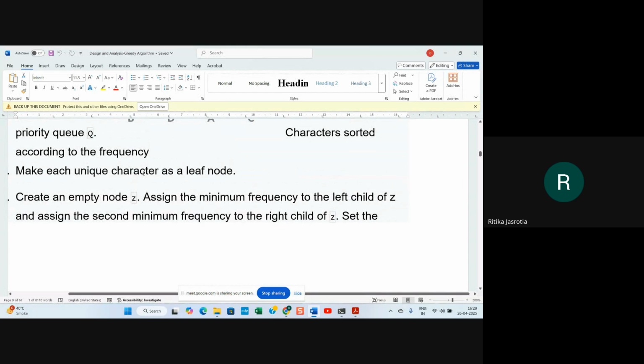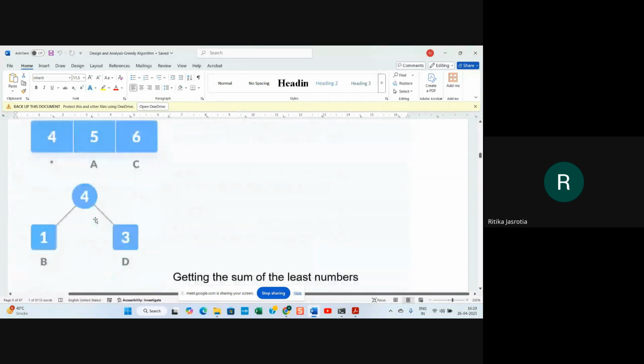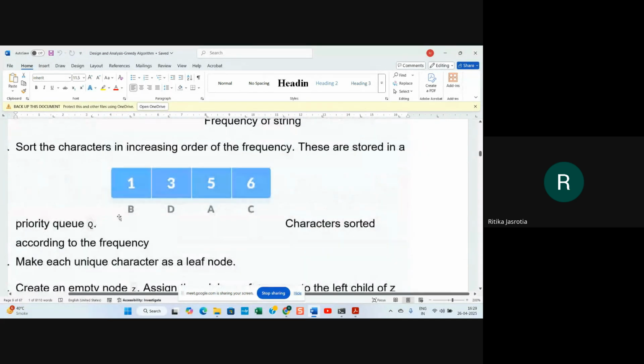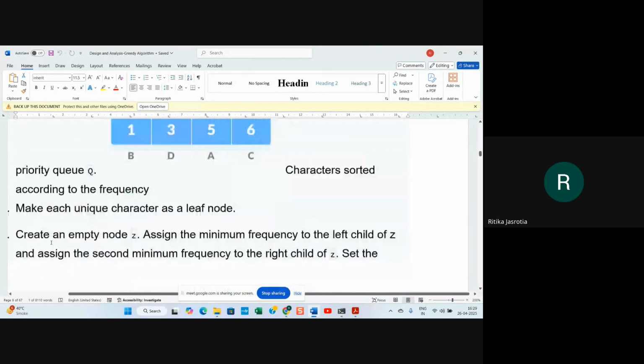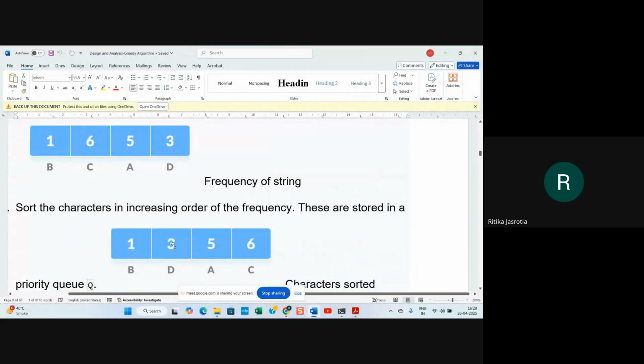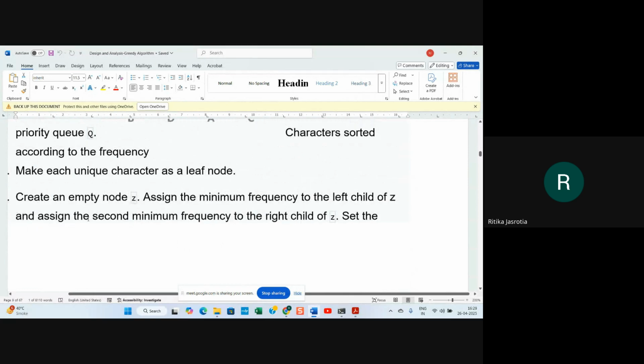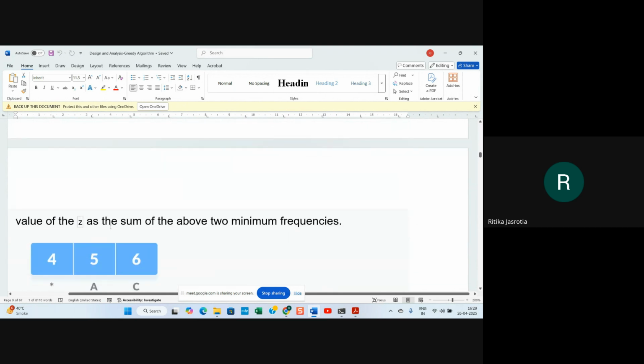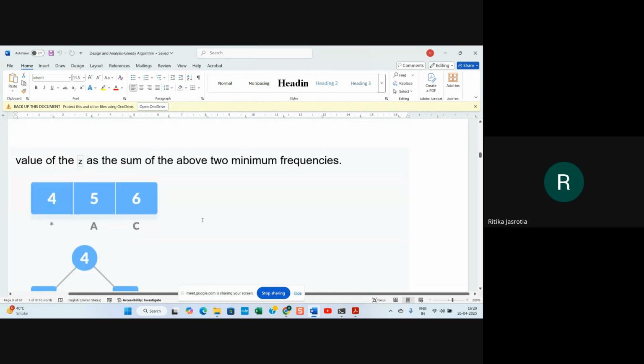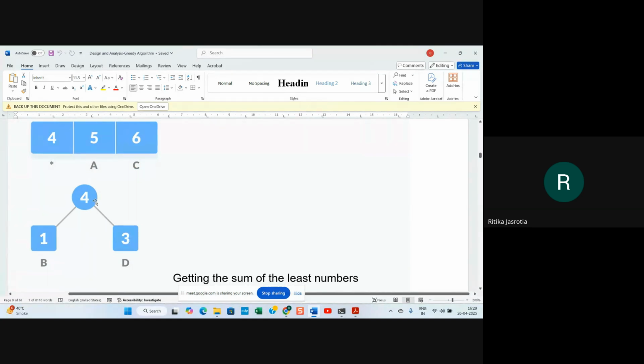Assign the minimum frequency to the left child of Z. The minimum frequency from 1 and 3 is 1, so 1 we will keep at the left child, and 3, the next minimum, we will keep at the right child. Set the value of Z as the sum of the above two. So 1 plus 3 is 4, so Z will be set to 4.